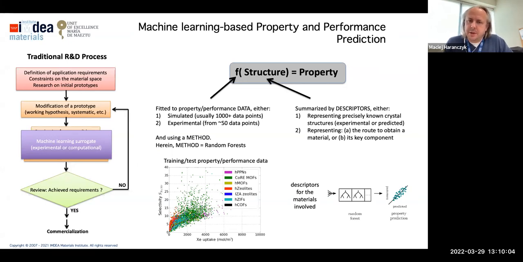So first, we have to think how we represent our structure. So in a classical approach to machine learning and property prediction, we think about representing structure with a set of descriptors. So if we talk about materials that have crystalline form, those will be some properties of a crystal.